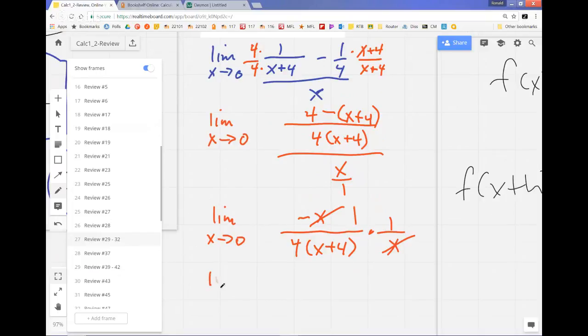So now what's the limit as x approaches 0 of negative 1 over 4 times x plus 4? Now you can substitute it, x equals 0, and you get negative 1/16.